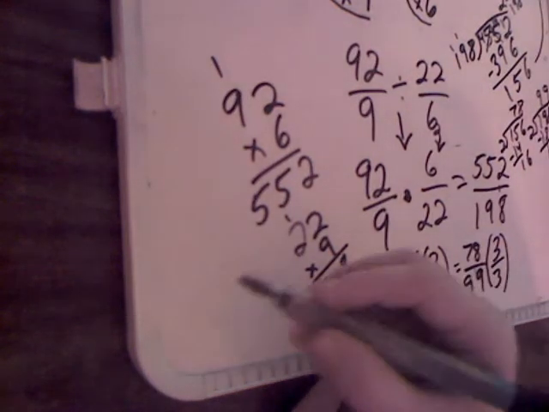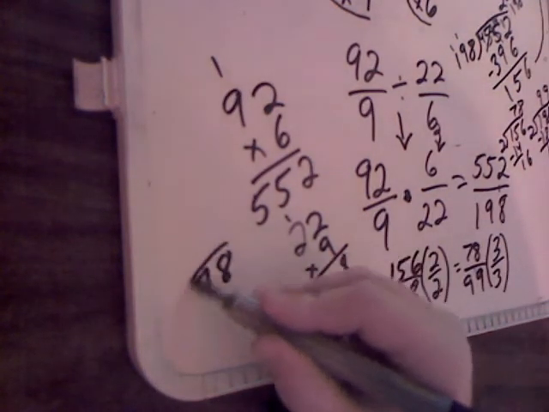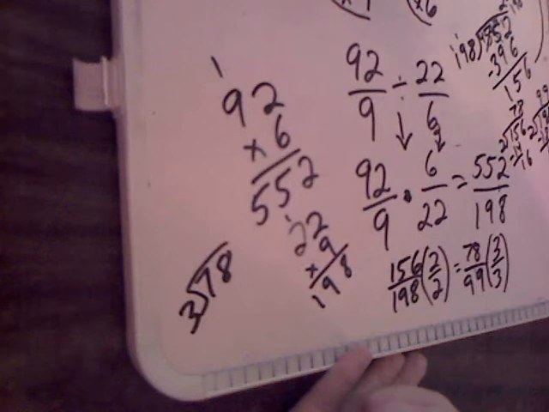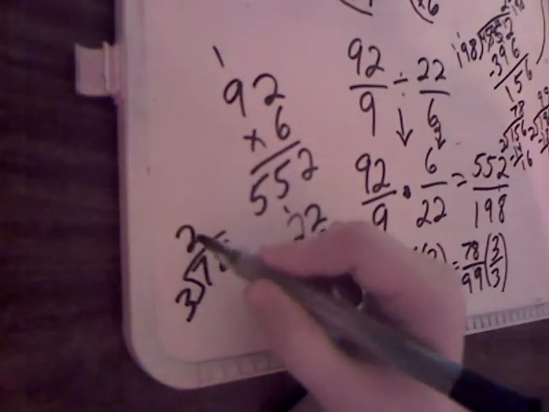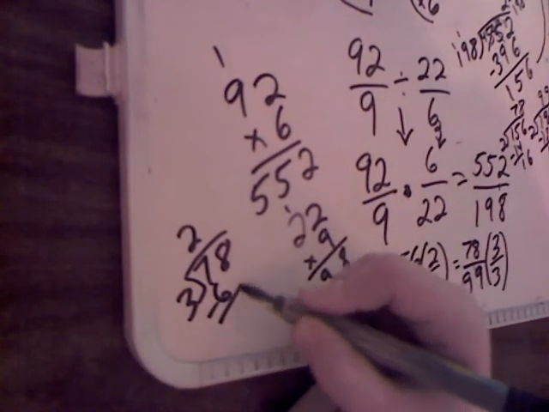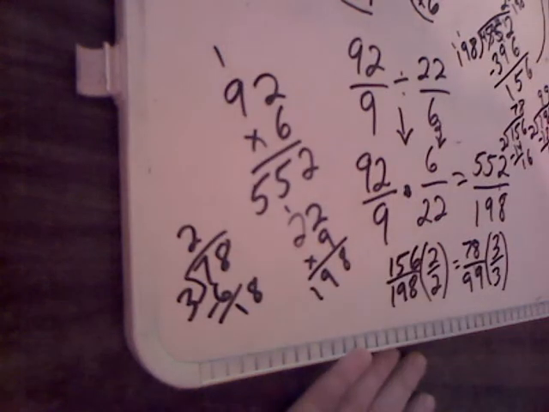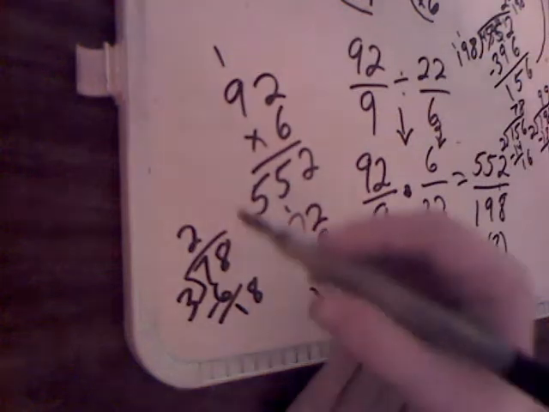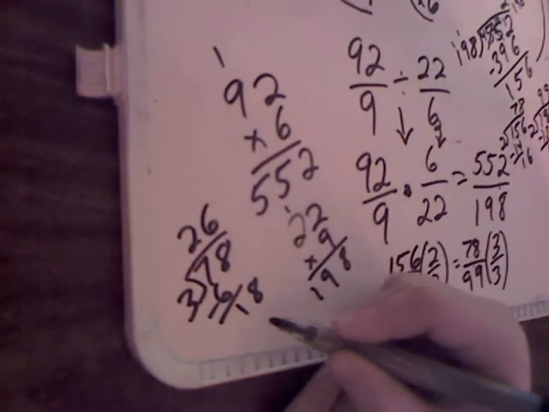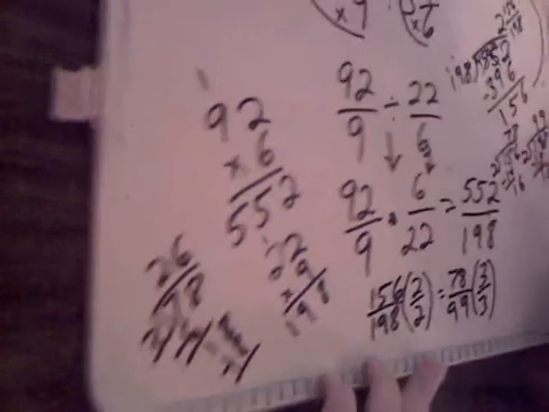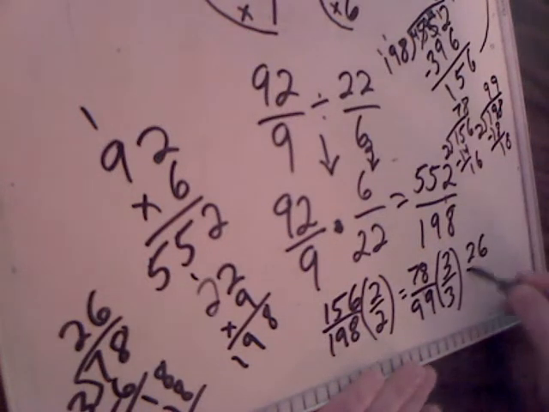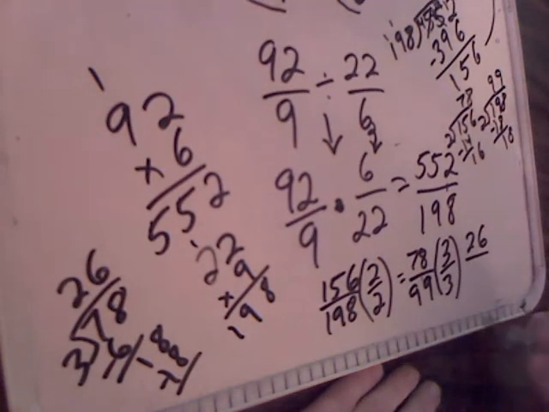78 divided by 3, not quite sure about that one, so I'm going to start showing my work. 3 goes into 7 twice. 2 times 3 is 6. We have 18. 3 goes into 18 6 times, and we're left with nothing, so it's 26 on top. 99 divided by 3, I can do that in my head.